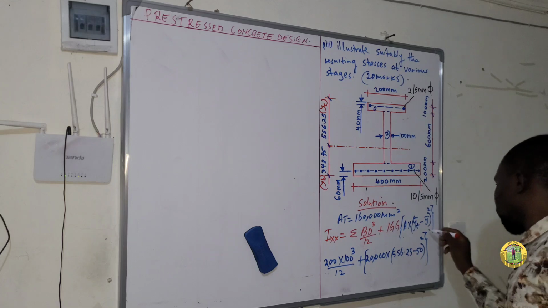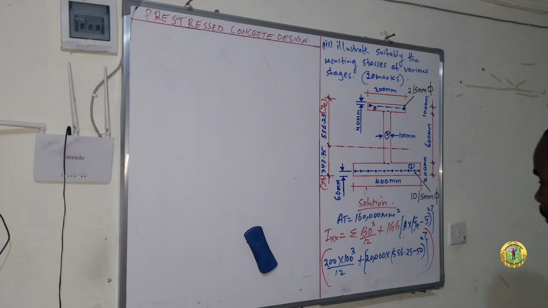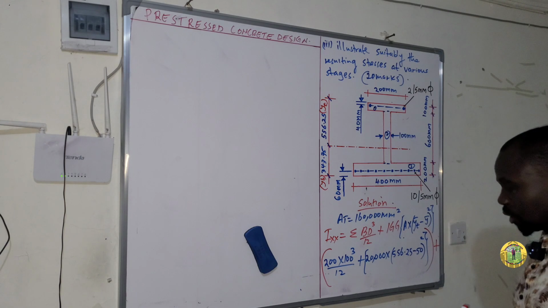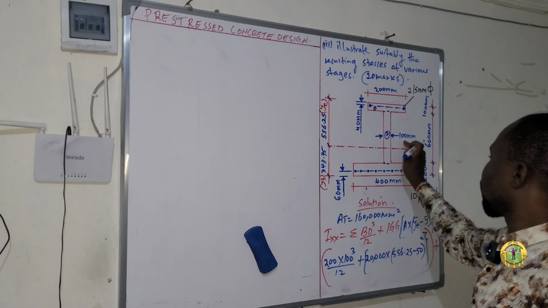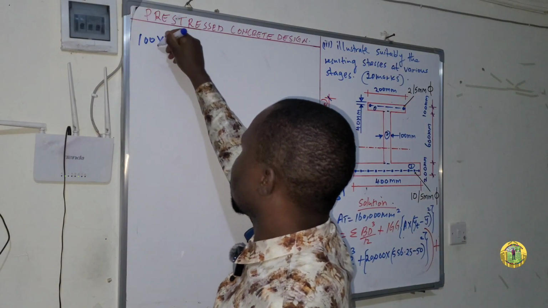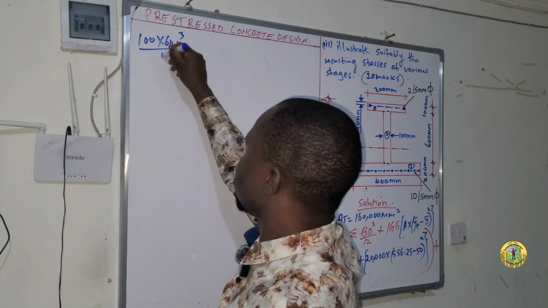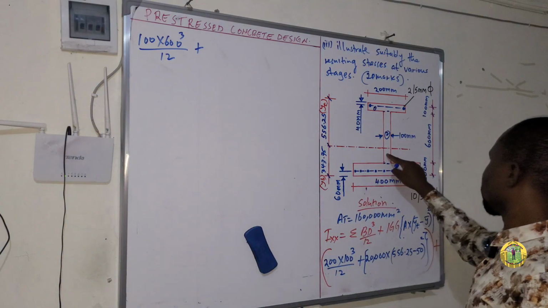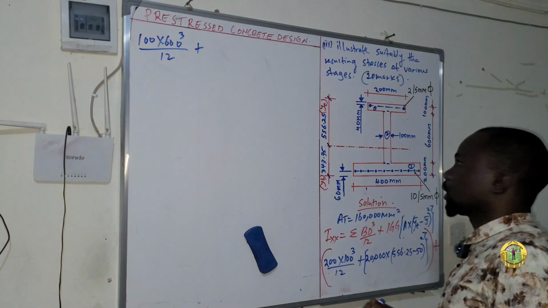Then plus, let's put our larger bracket. Then plus, we come to the second one, this one. So the second one, we have BD cubed, which is 100 times 600 cubed over 12. Then plus the area of this portion number 2, which is 100 times 600, which is 60,000.